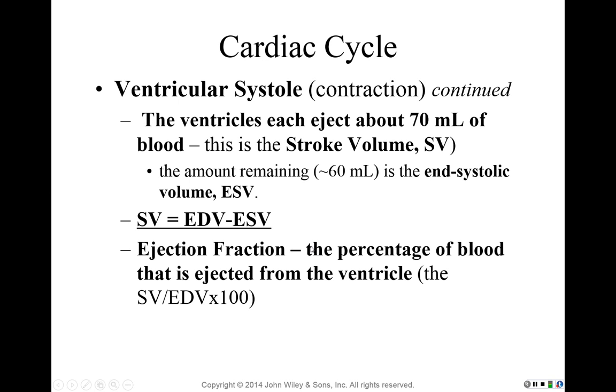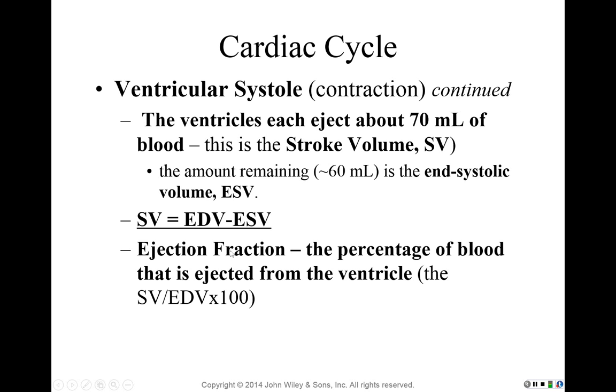That'll give you stroke volume. So SV is equal to EDV minus ESV. That's the formula. The amount of blood we eject is equal to the amount that was in there to begin with minus the amount that's in there when it's over. So that's what end systolic volume is. How much is left after the contraction has occurred and the valves have closed up again. Okay?